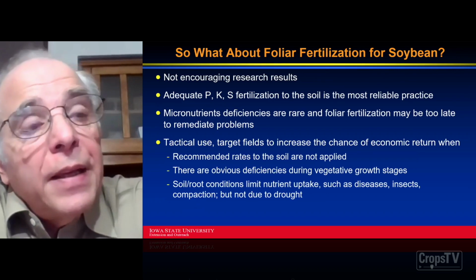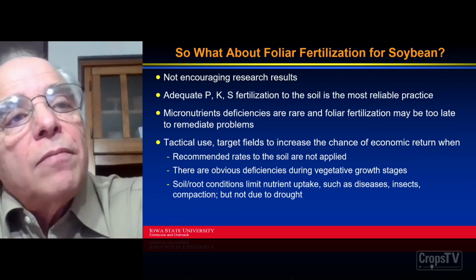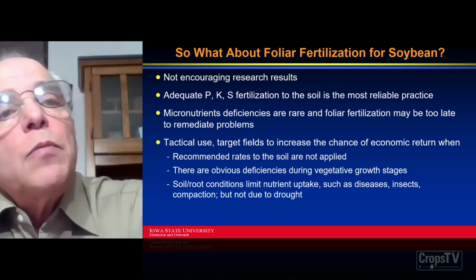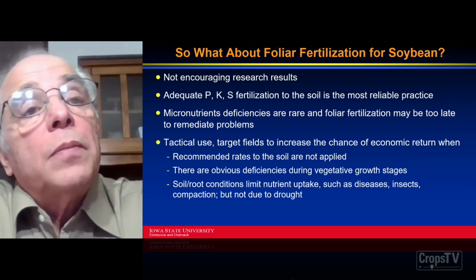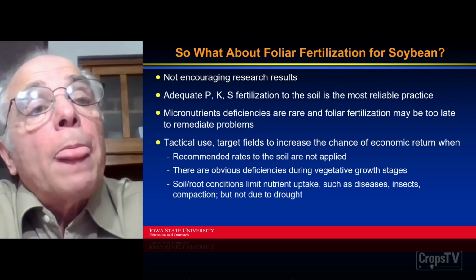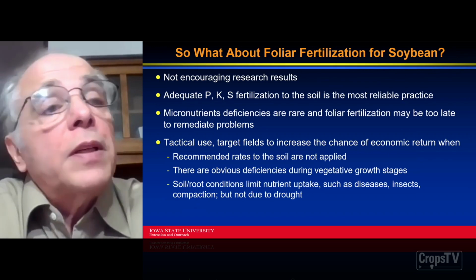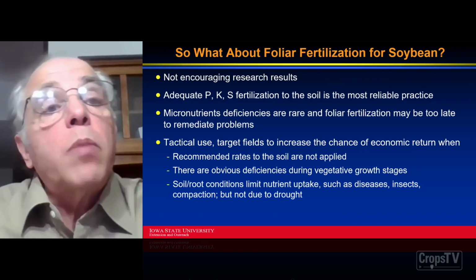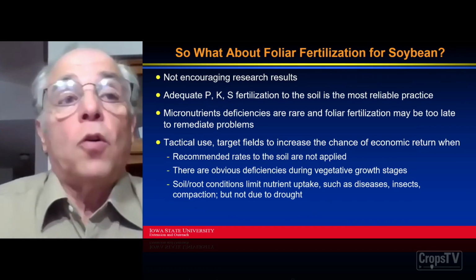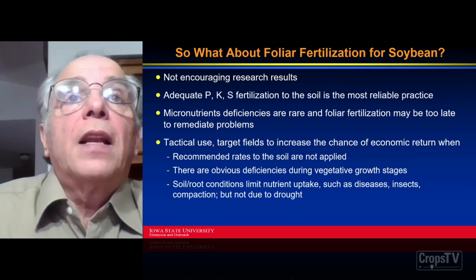So I think that foliar fertilization should be used as a tactical tool. Don't do it across the board because it will not pay back. Target fields to increase the chance of economic return when, for example, the recommended rates to the soil are not applied, when there are obvious deficiencies during vegetative growth stages, but kind of early.